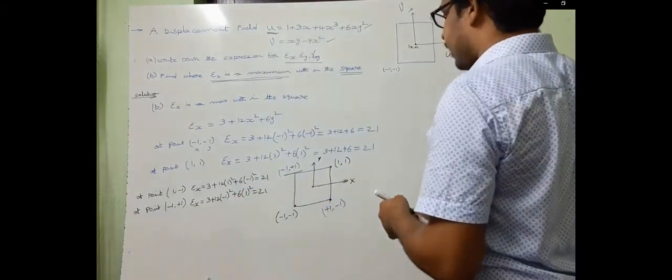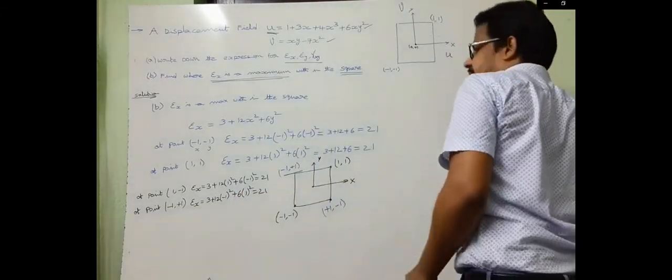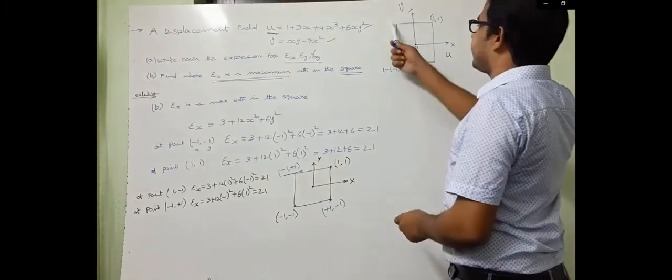So the epsilon x value, the normal strain, is maximum at the end of the edges.